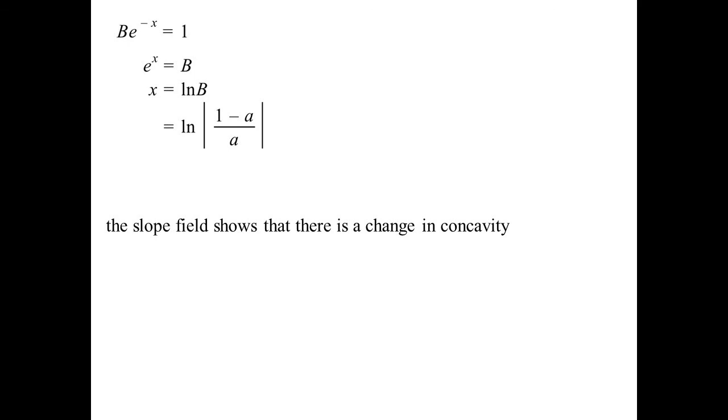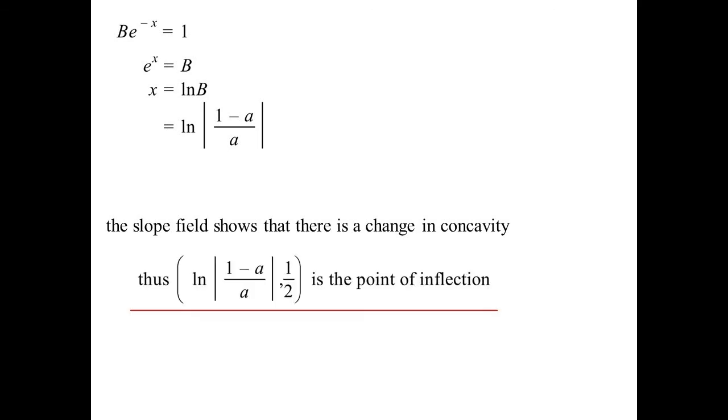I'm not going to bother finding the third derivative, and I'm also not going to bother testing either side. I'm going to simply say, well, look at the slope field. You can see from the slope field that there is a change in concavity. So there's our point. The x value is the log of the absolute value of 1 minus a over a, and a half is the y value.